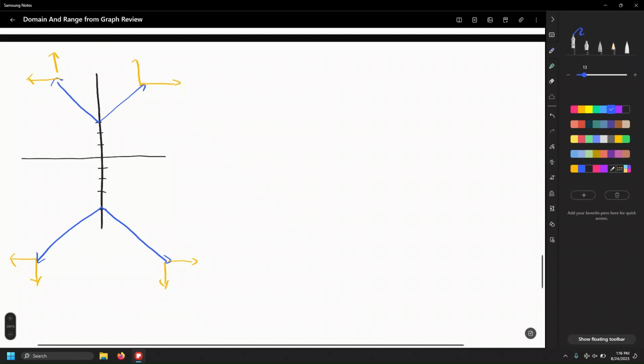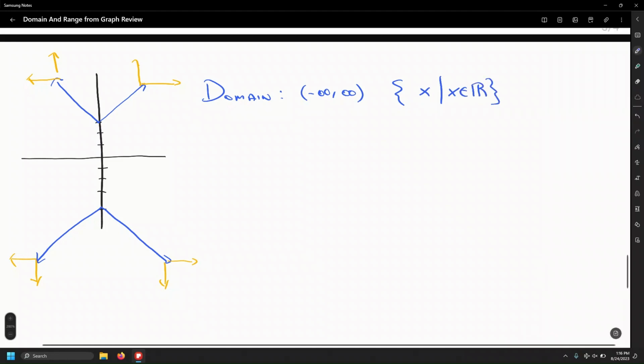So for this one, the domain is going to be all real numbers, so negative infinity to positive infinity, and using set builder notation, x such that x belongs to the set of all real numbers.